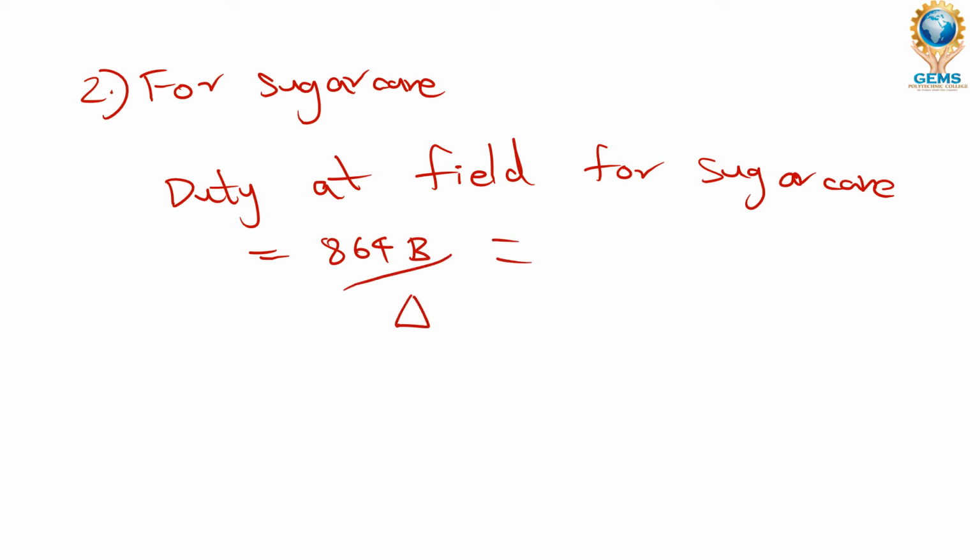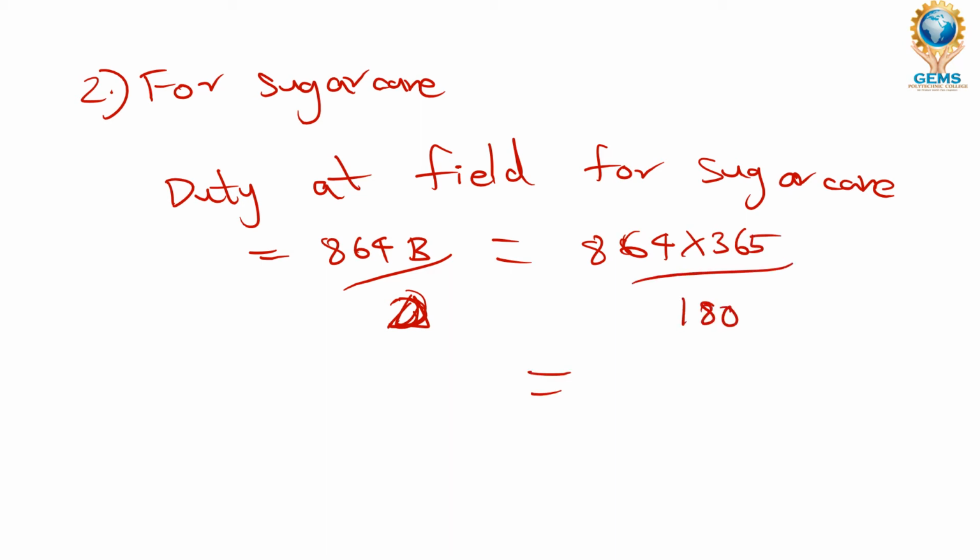This is an important formula. I mean B, it's an important formula, please note it clearly. 864 into 365 divided by 180.